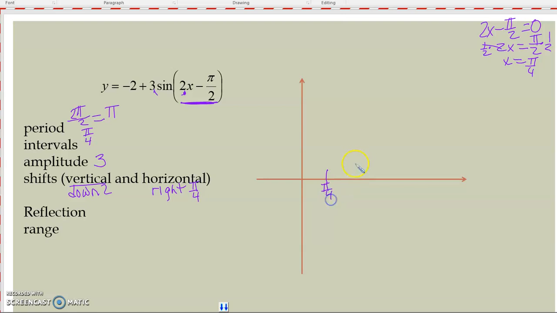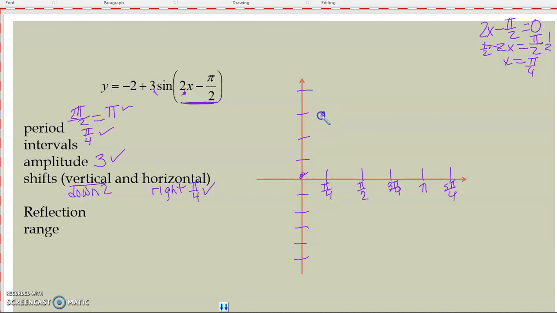That's our first mark. Our second mark's 2 pi over 4, which is 1/2 pi. 3 pi over 4, 4 pi over 4, and 5 pi over 4. Remember, we need 5 marks and 4 spaces. All right, so we did that, our new period and our intervals. This is a sine wave, okay? Our sine wave here has an amplitude of 3.